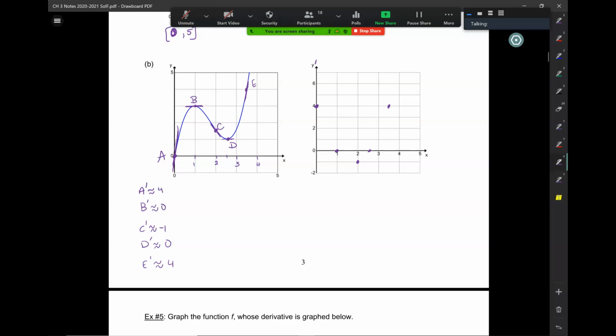So the slope went from 4 to, I'm sorry, to 0. But that happened gradually, right? It decreased from 4 to 3 to 2 to 1 to 0. The whole thing happened very smoothly and gradually. So I can connect those points like this.